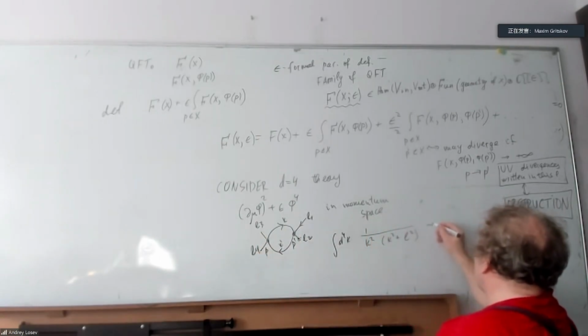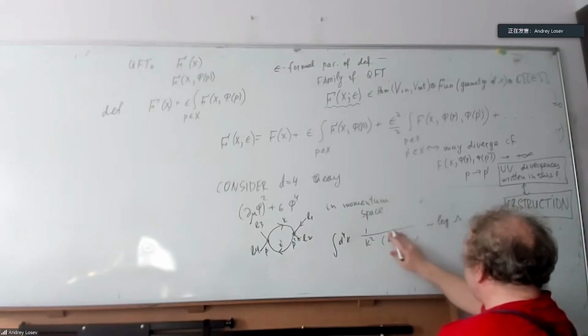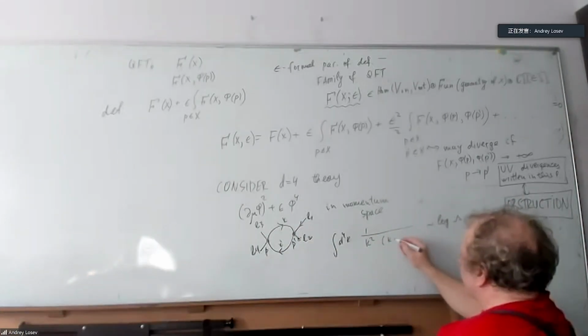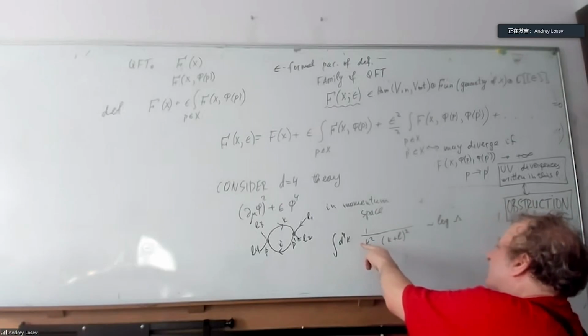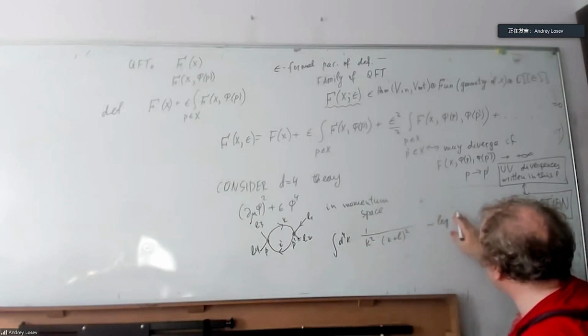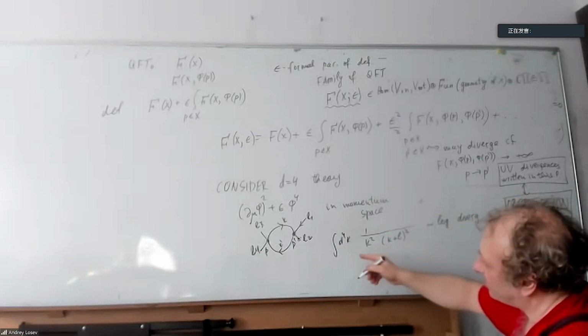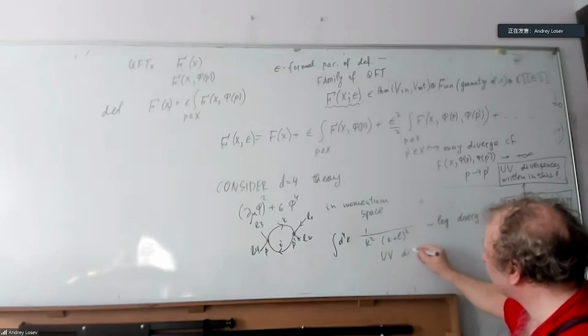And this, we have K plus L in square. But what is interesting is that I have logarithmic divergence. And that's what people call UV divergence.